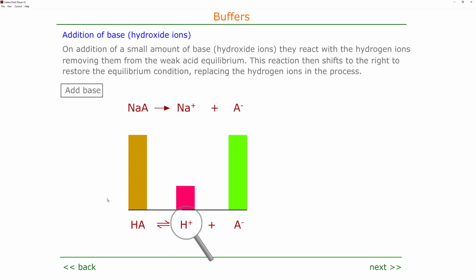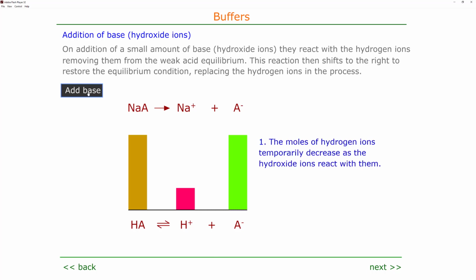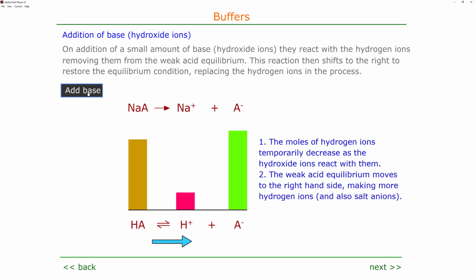So we'll add a small amount of base, and let's have a look at initially. The moles of hydrogen ions temporarily decrease as the hydroxide ions react with them, but then the equilibrium moves to restore the value of the equilibrium constant. And in consequence, it replaces the hydrogen ions that have been removed.